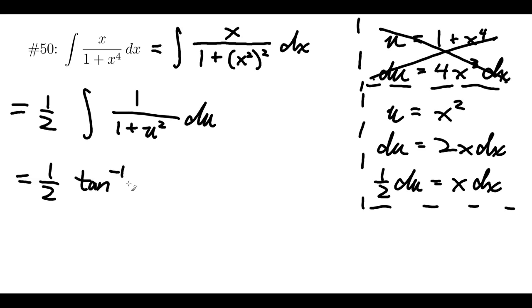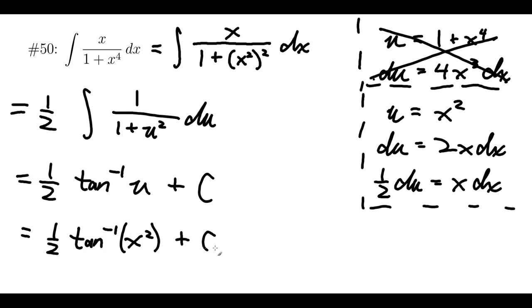Its antiderivative is the arctangent of u. So we have 1/2 the inverse tangent, or the arctangent, of u, which we said was x squared. So that's an x squared. If you want to make that a little bit easier to read, I suppose you could put that in parentheses, plus a constant.